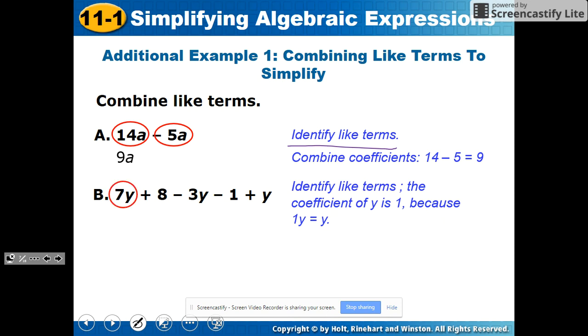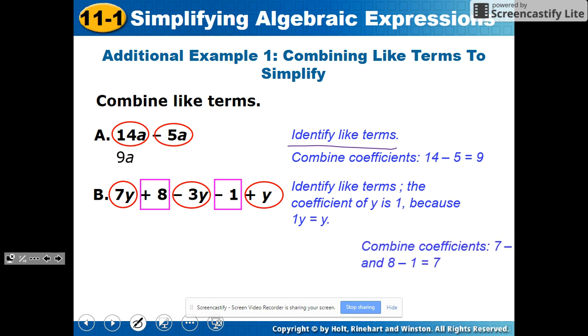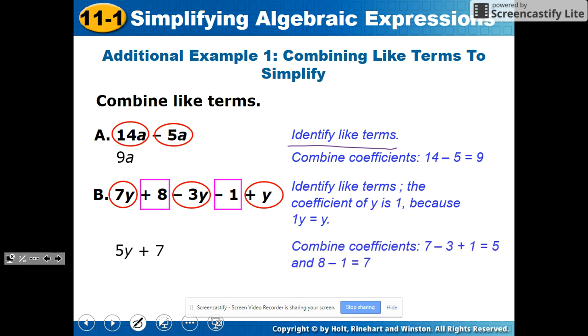So we're going to have 7y, negative 3y, positive y, and then positive 8 and negative 1. So combining those like terms, we can combine 7y, negative 3y, and y. So it's 7 minus 3 plus 1 gives you 5y. And then here we've got 8 minus 1, which is just 7.